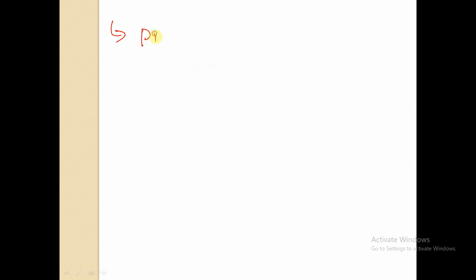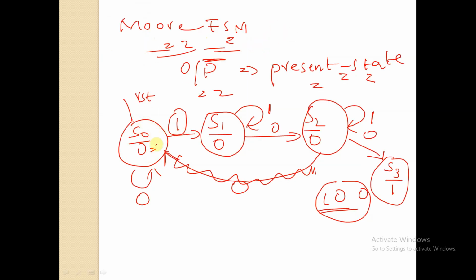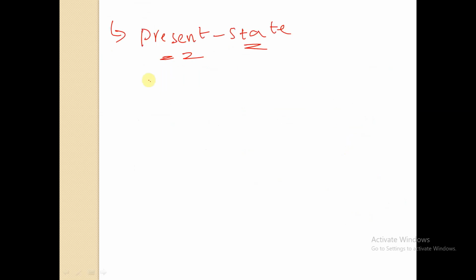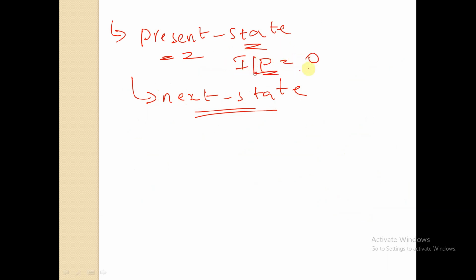In these FSMs, we have two parameters. One is the present state, that is the current state, whether it is S0 or S1 or S2 or S3. And we have one more, called next state. If there is a particular input, say input is equal to 0, then where we should go is given by the next state.